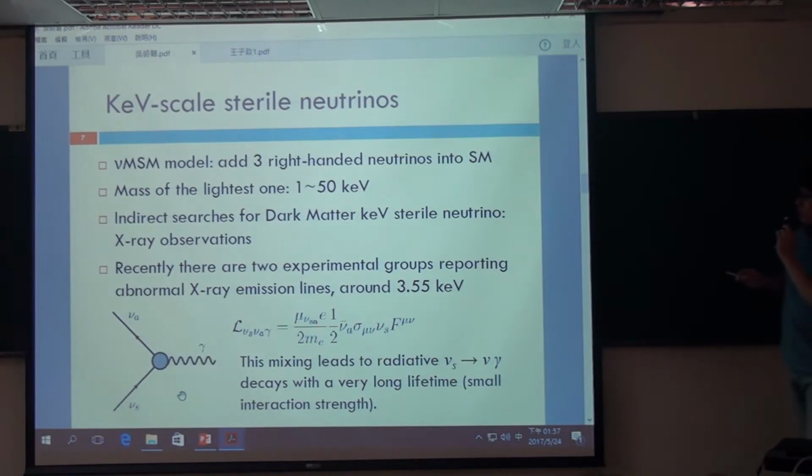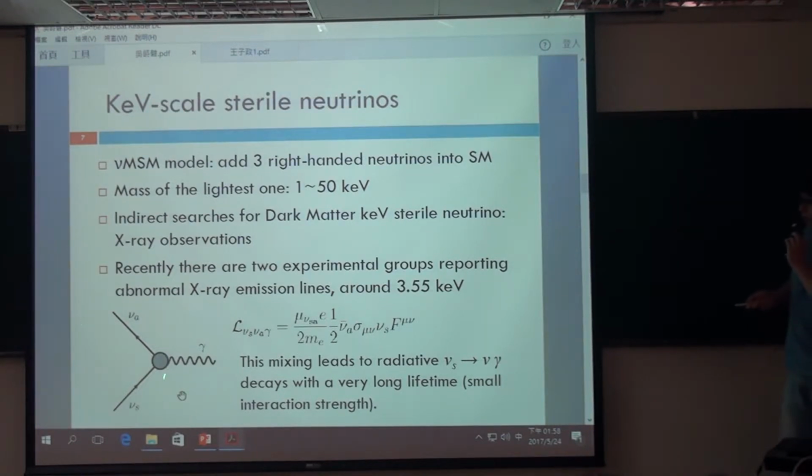This keV neutrino becomes a hot issue because of those astrophysical observations. If we have this kind of coupling between the sterile neutrino and the photon, then we can see this X-ray photon, and if we can measure the lifetime, then we know how strong the coupling is.